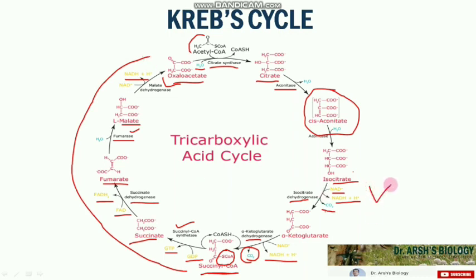One decarboxylation is happening here, another decarboxylation is happening here, and one decarboxylation happens in the formation of acetyl coenzyme A. So 3 decarboxylations, 2 times, result in the complete oxidation of glucose, and as a result the energy is released. The remaining steps, as I marked, are just the retrieval of oxaloacetate. So keep in mind the steps which form the NADH and GTP plus FADH2.